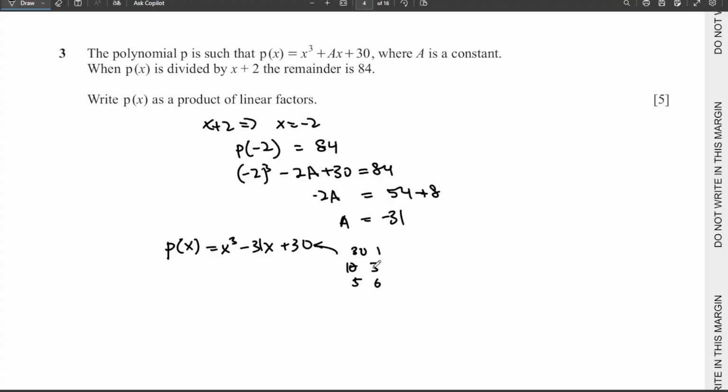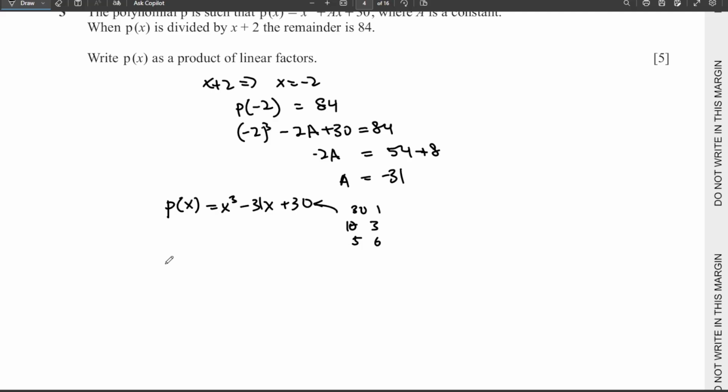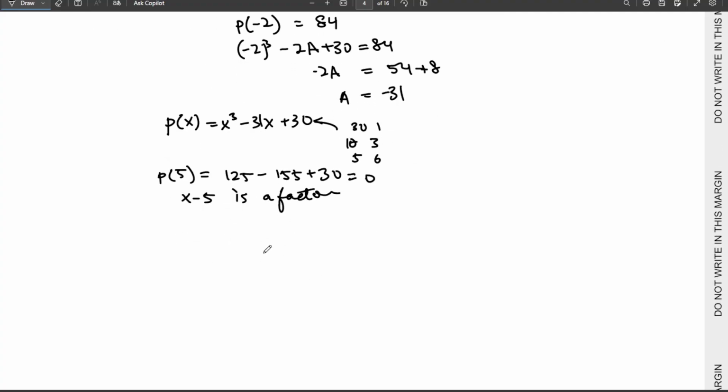Okay, so we need to try until we get a remainder of 0. So let's try P(5). Just so happens we tried the first try for x equals 5, we get a 0. So therefore we know that x minus 5 is a factor, and we can proceed to do your long division or synthetic division, up to you what you want to do, but I will do the long division way.